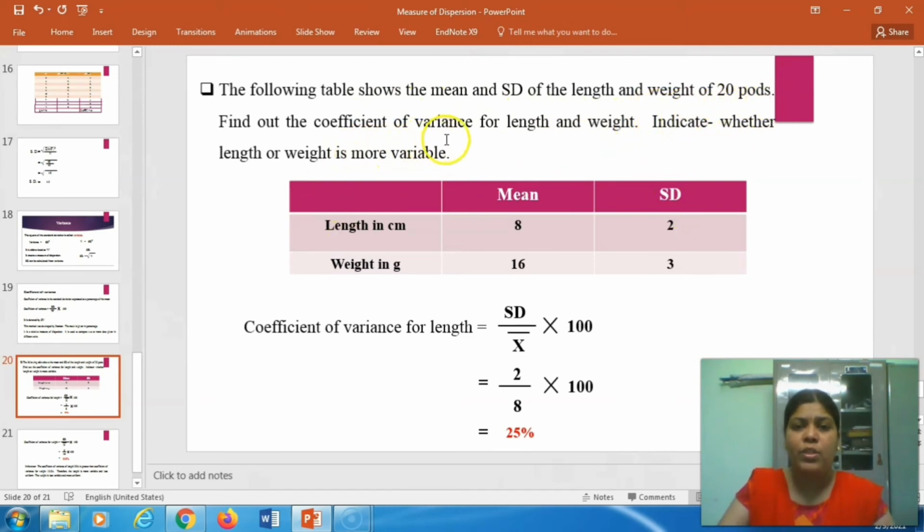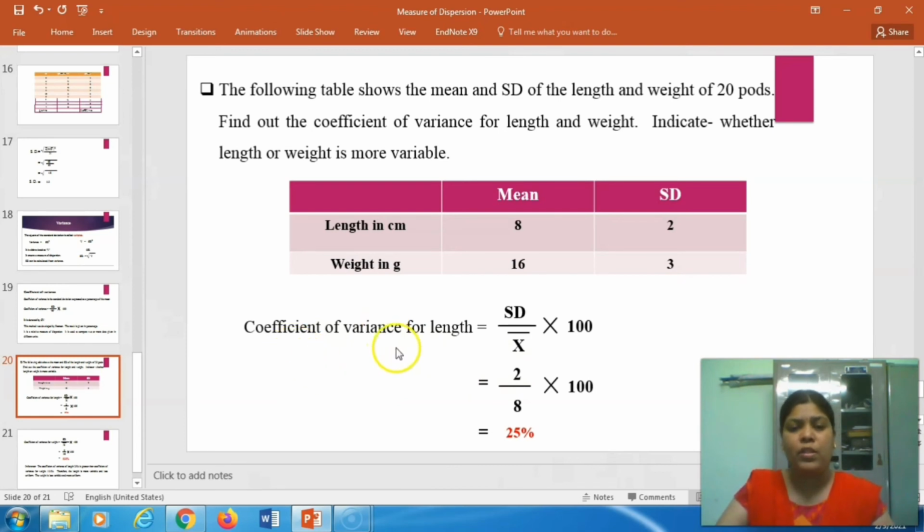Find out the coefficient of variance for length and weight. Indicate whether length or weight is more variable. Here the length and weight of the pod are given, the mean is also given, and the SD is also given here. So we simply have to calculate the coefficient of variance.